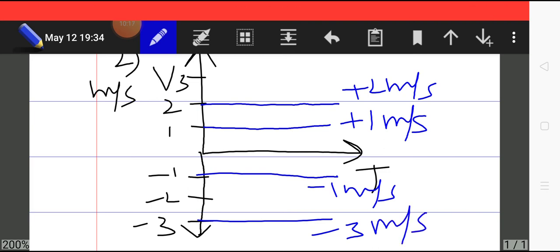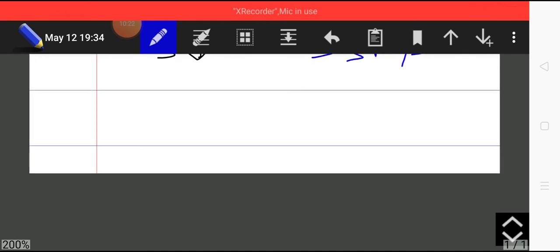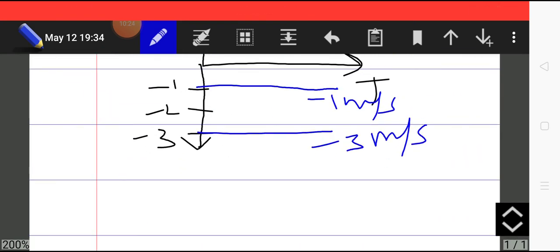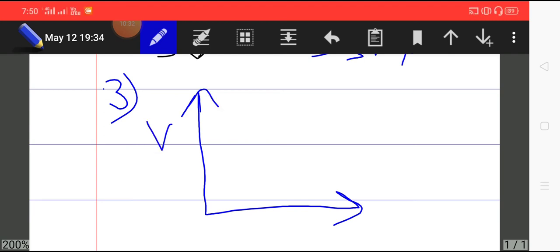Same as in the position time graph, we can also have inclination in a velocity time graph. So for the third part of the velocity time graph, let us take a velocity time graph starting from the graph which is a parallel line to the time axis.